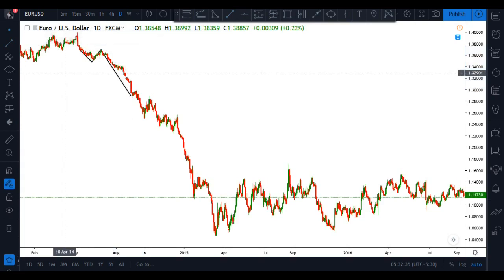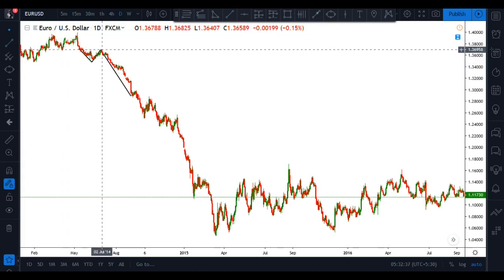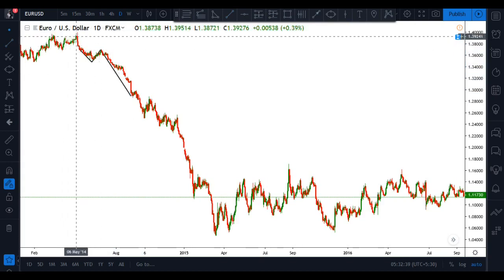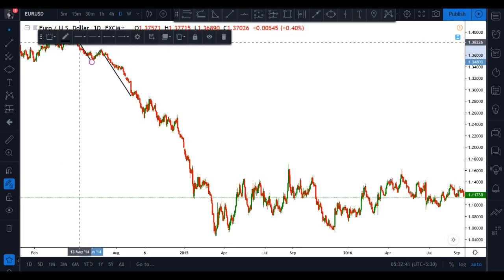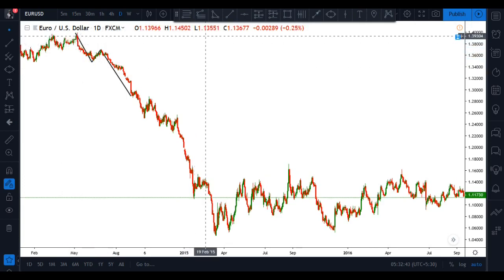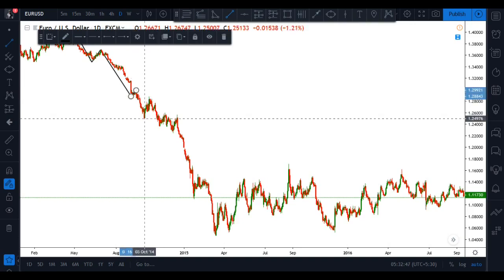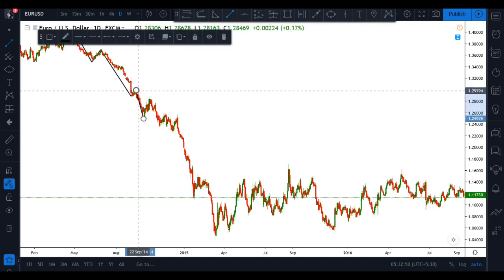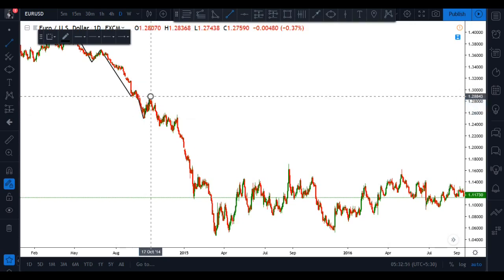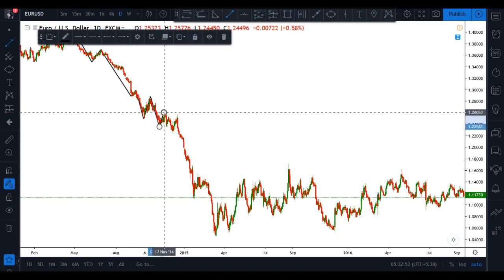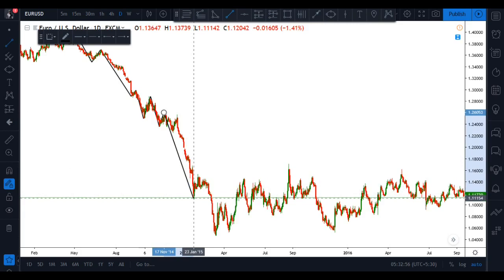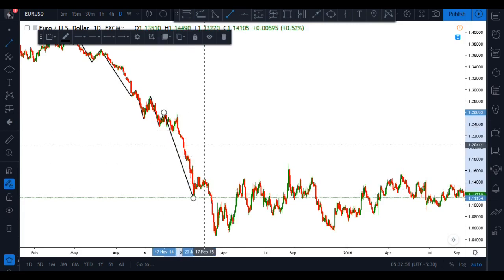This high is lower than this high, so it makes it a lower high, and then it has been followed by a series of lower lows and lower highs. That is how we identify a downtrend.